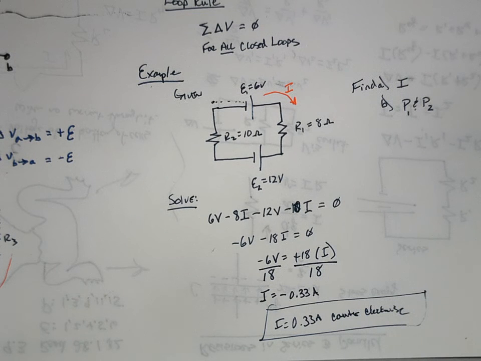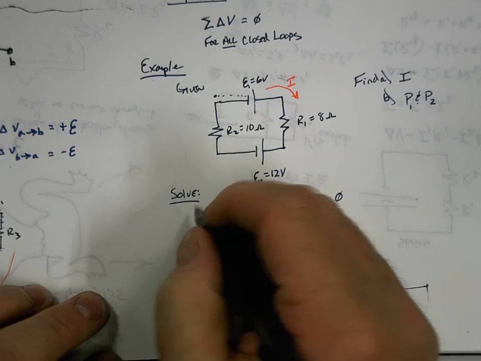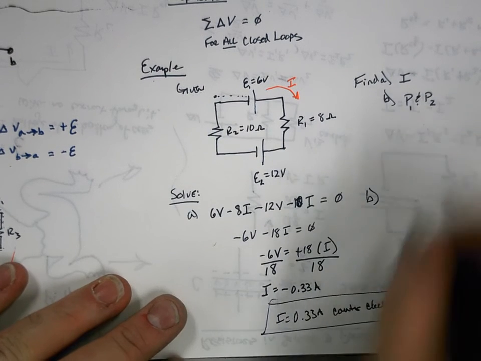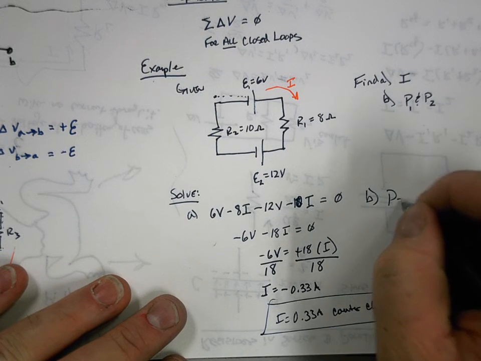And that's going to be our current for this one. Okay, it's pretty straightforward. All right, now B, so that was A. B, find the power. Well, now that we have the current, power equals I squared R, right?